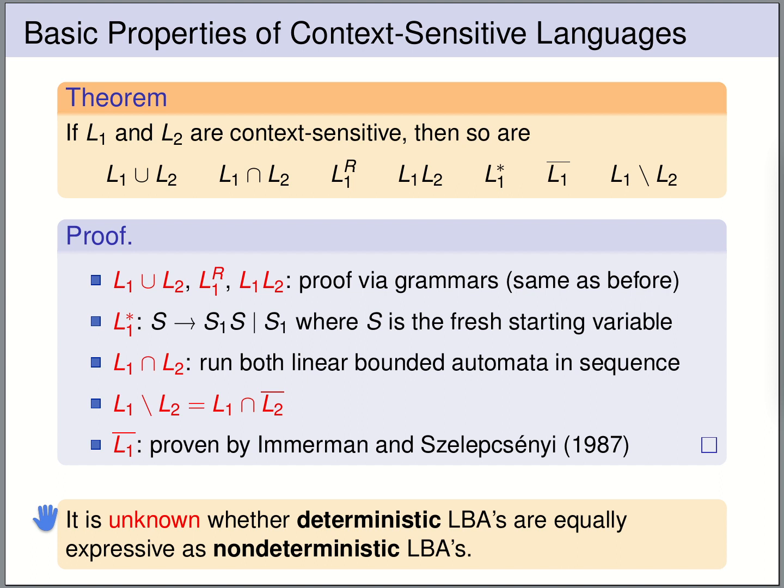A priori, it sounds like this is not possible, because in order to simulate a non-deterministic machine with a deterministic automaton, we need to have more memory. We need to store all the possible configurations of the non-deterministic machine on our tape. But maybe some similar ingenious trick is possible to do this transformation. At present, it's still unknown, and it's one of the big open problems in this area.